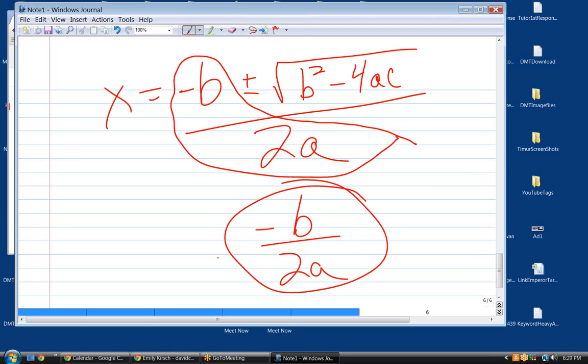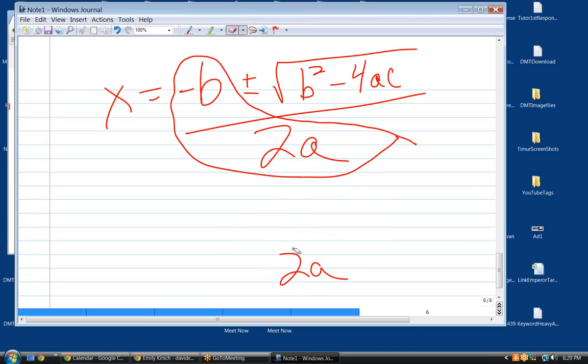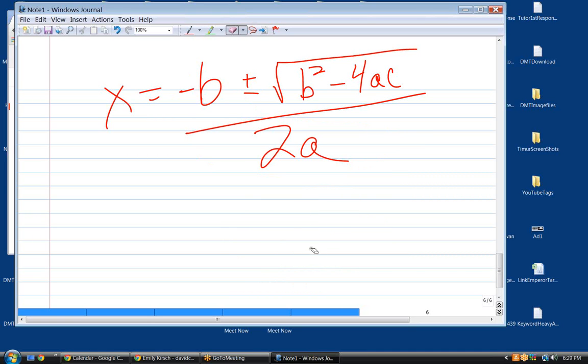Isn't that like for the vertex, the x coordinate of the vertex? In other words, another way to solve for the vertex is to use minus b over 2a. If you have a quadratic in standard format, then just put minus b over 2a and you'll have the x coordinate for the vertex. So if you have that memorized, it helps with the quadratic and vice versa.